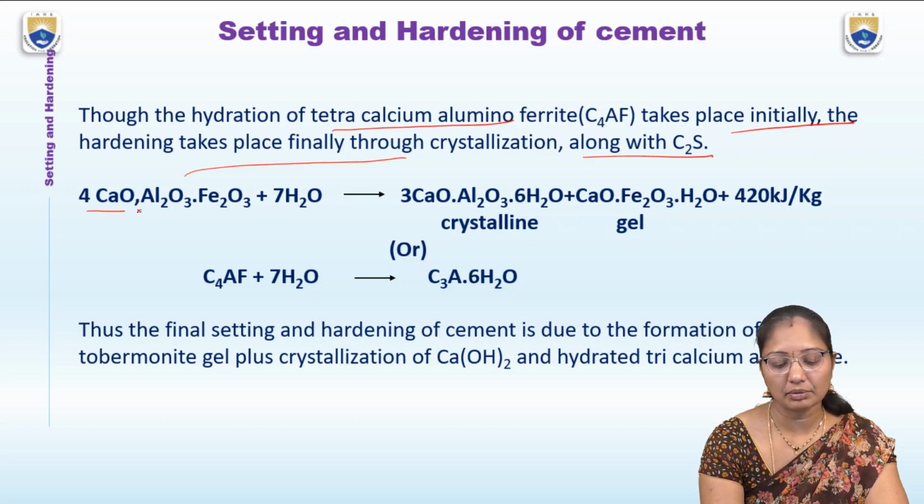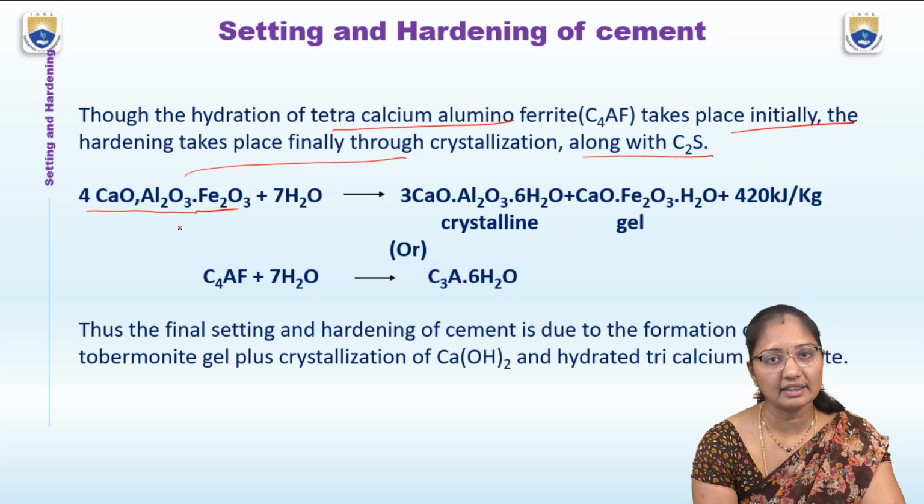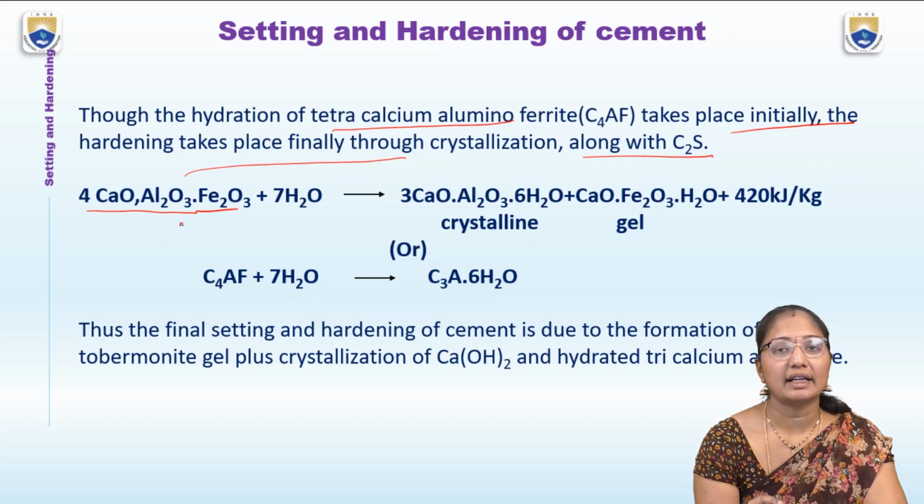Generally the cement is a mixture of calcium aluminates, calcium silicates and iron ores, so it contains traces of iron.